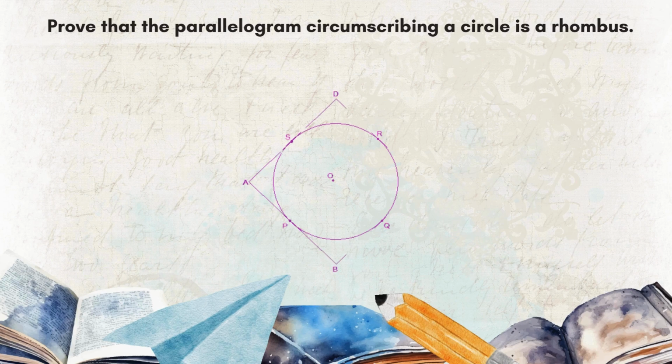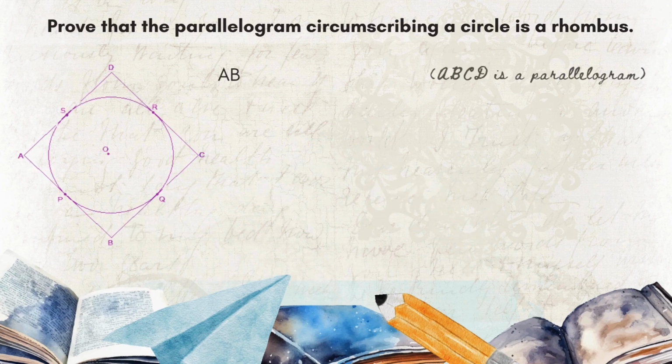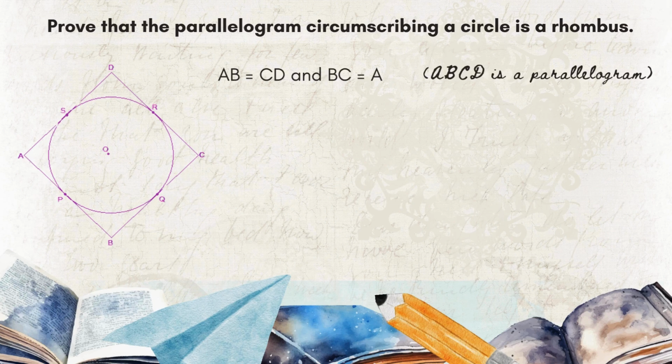Now consider a parallelogram ABCD which is circumscribing a circle with center O. Now since ABCD is a parallelogram, it is given, therefore AB is equal to CD and BC is equal to AD because opposite sides of a parallelogram are equal.